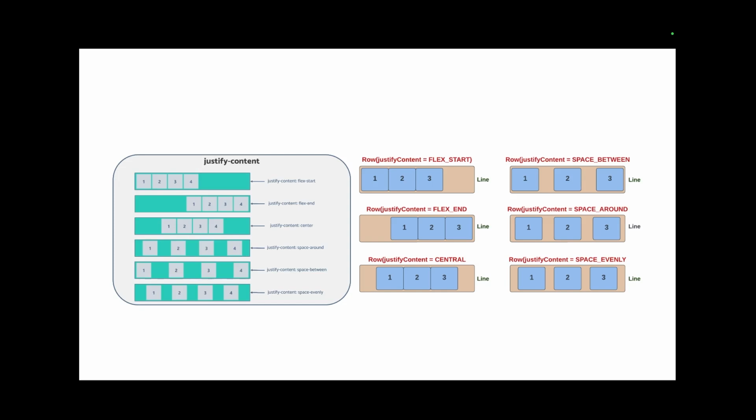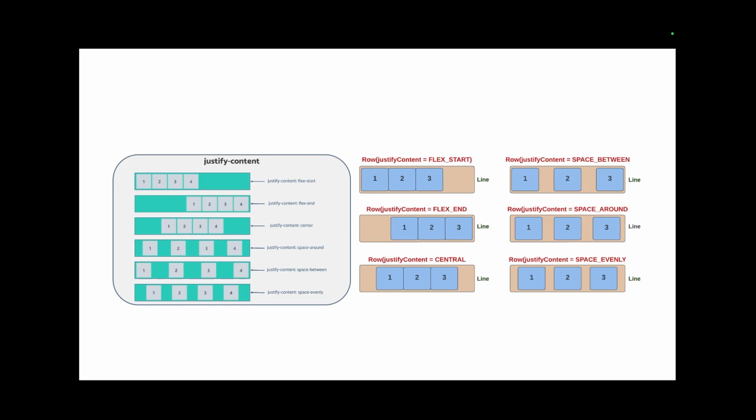Justify content center means all the items are arranged at the center, and space around means they give equal space around each item, but the spaces at the edges are not equal, only around each item. With space between, there is no margin at the edges, but equal space between each item.